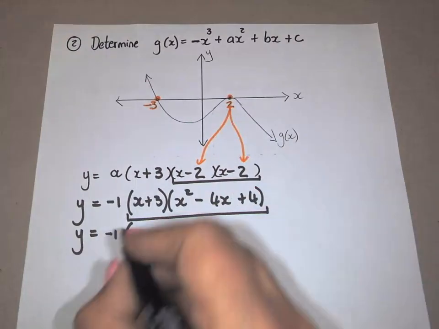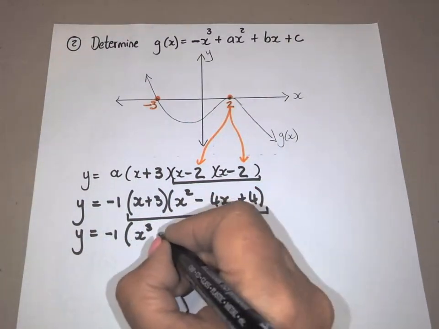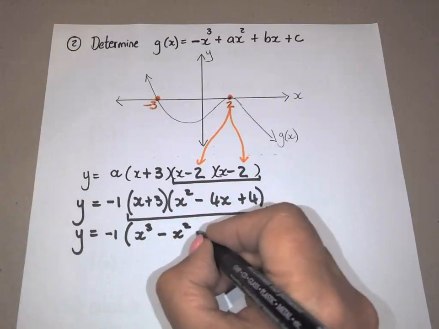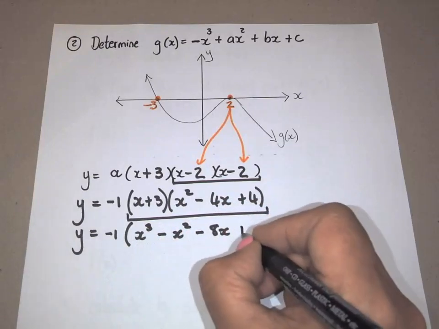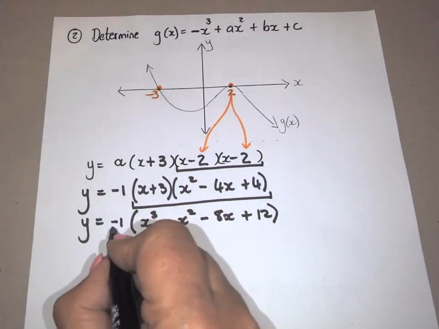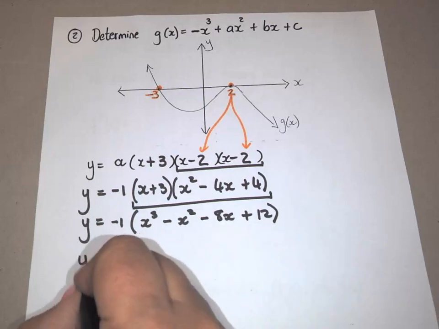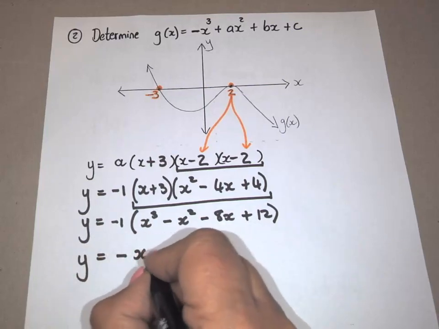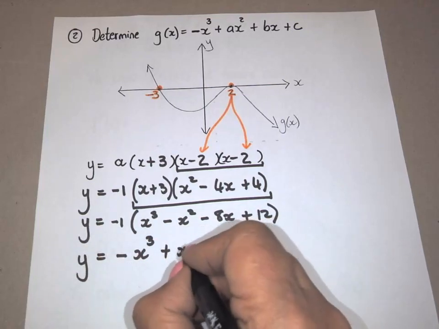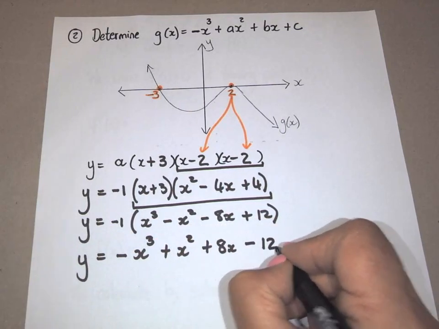If you multiply that in and you simplify it, you'll get x cubed minus x squared minus 8x plus 12. And now I only have to multiply the negative 1 into the bracket. So y equals negative x cubed plus x squared plus 8x minus 12.